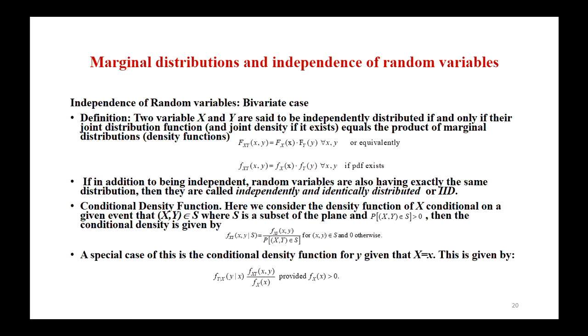That's independence. Or equivalently, if the PDF exists, the joint is equal to the product of the marginals. And importantly, this should hold over all possible values of x and y. It's not enough for it to hold at one value. It's got to hold everywhere.